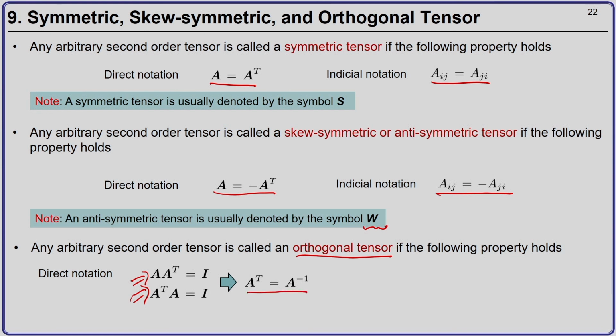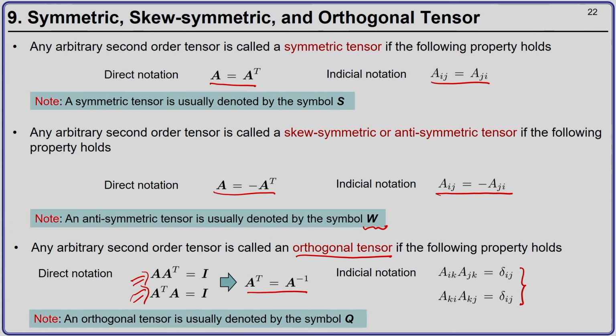This is the indicial notation for the direct notation that we have written. An orthogonal tensor is usually denoted by symbol Q, and that is how you will find in many books that symbol Q is used for orthogonal tensor.